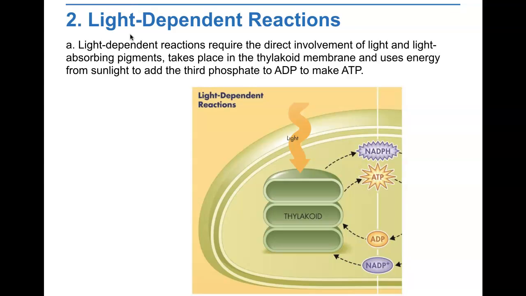The light-dependent reaction takes place in the thylakoid membrane and uses energy from sunlight to add a third phosphate to ADP to make it ATP.